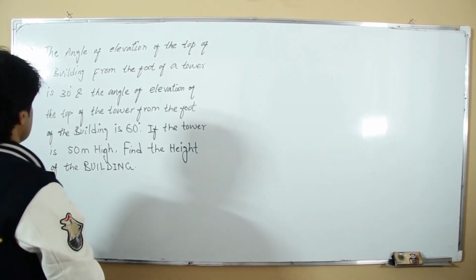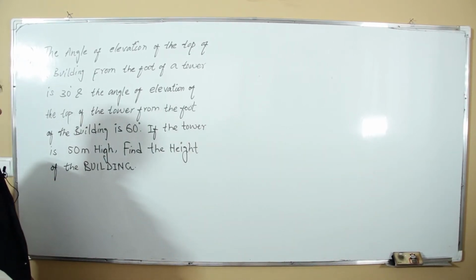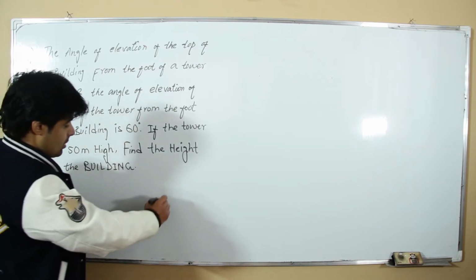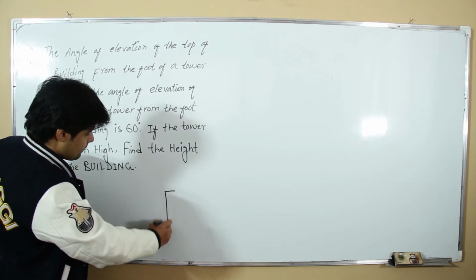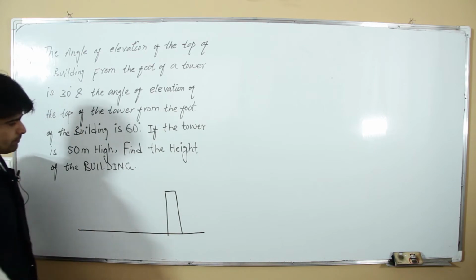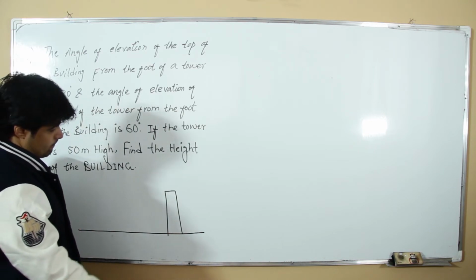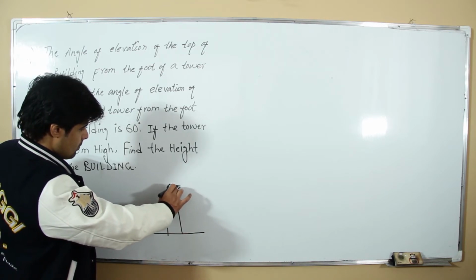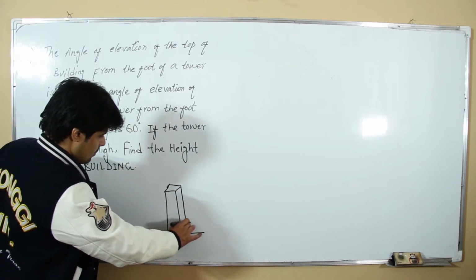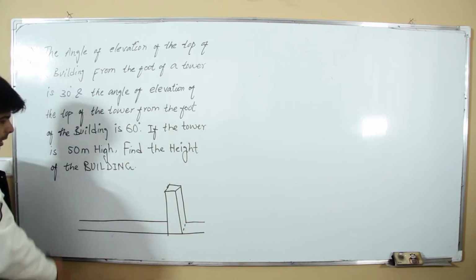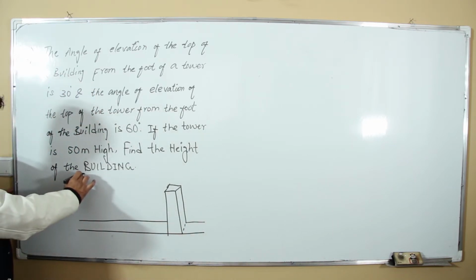Question number 8. The angle of elevation of the top of a building from the foot of a tower is 30 degrees. What does it mean? Suppose we have a building here. Yes, this is our building. And we have a tower here.